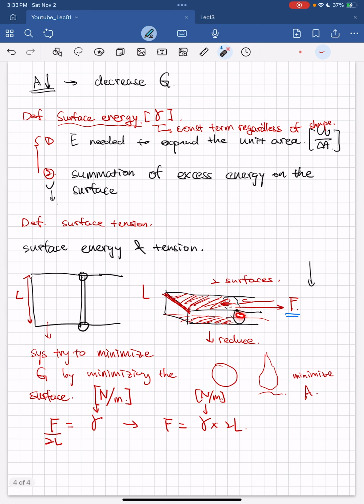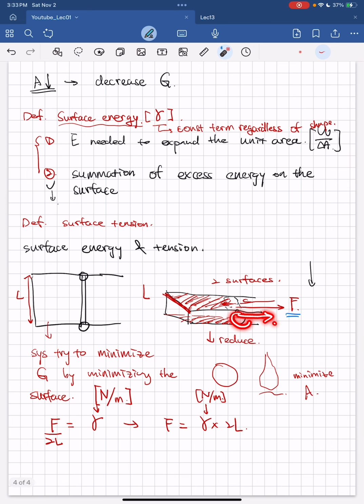And then if you want to make this rod move or stay maintaining this position by force equilibrium you learned from general physics, you need this kind of formula, right? Then this is the definition of surface tension. So the amount of force needed to pull the rod, that is the definition of surface tension for the liquid case, okay?